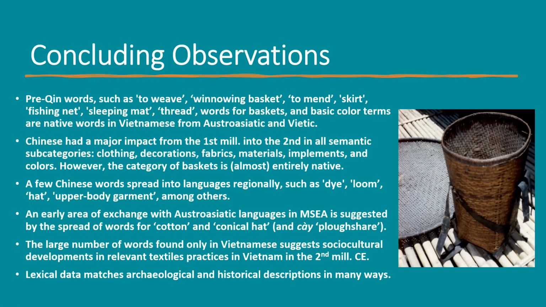It's in Vietnamese, Dayak, and Chamic as well. That word hat, that upper body garment, I forgot to mention that. The thao word is in a number of Austroasiatic languages. I believe it spread from Vietnamese, but I can't be sure. It didn't spread directly from Chinese, but I suspect it spread from Vietnamese, but we don't know.